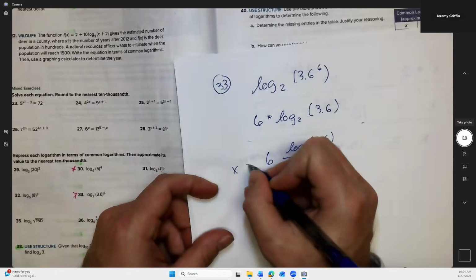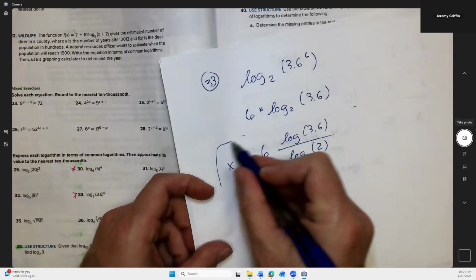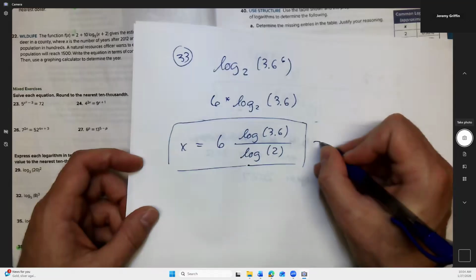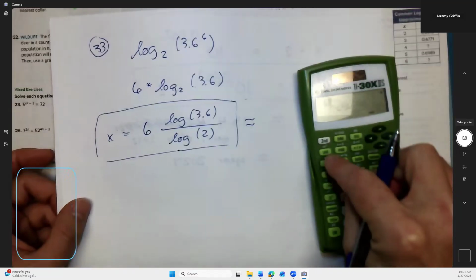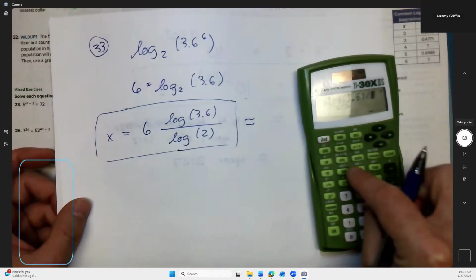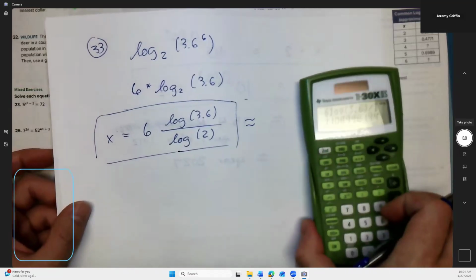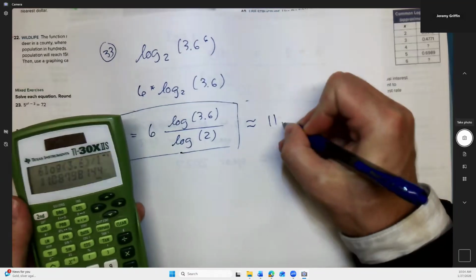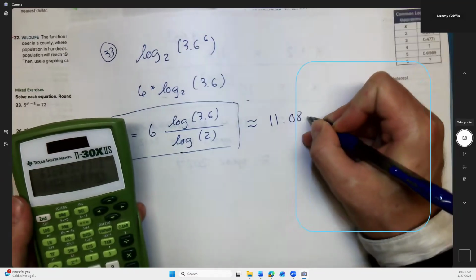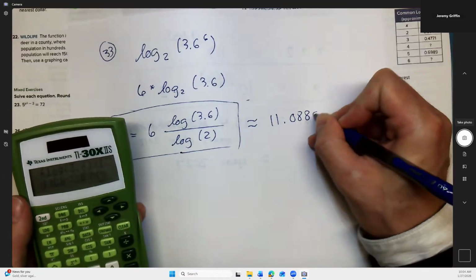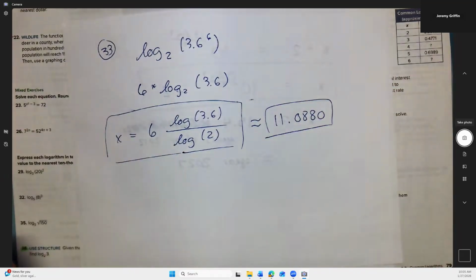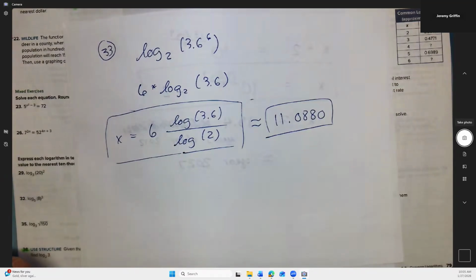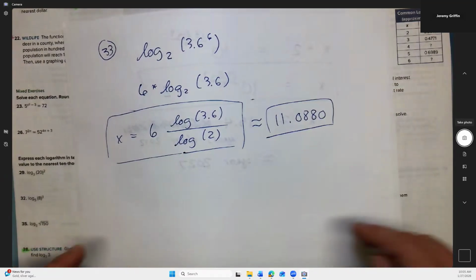Actually, I think that's the answer right there. Is that what you guys got? And let's do a decimal approximation. All right, approximately 11.0880. That look good?